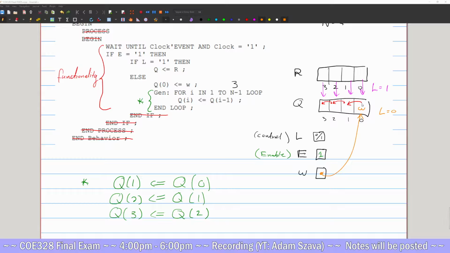So when I'm doing this red arrow, moving the value from Q0 to Q1, W hasn't been written here yet. And when I'm writing this value from Q1 to Q2, the value of Q1 hasn't been written yet. I'm still using the old value for Q. So that's the important thing. I'm still using the old value for all updates here.